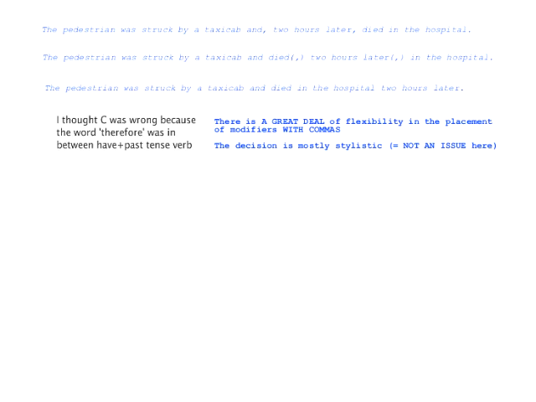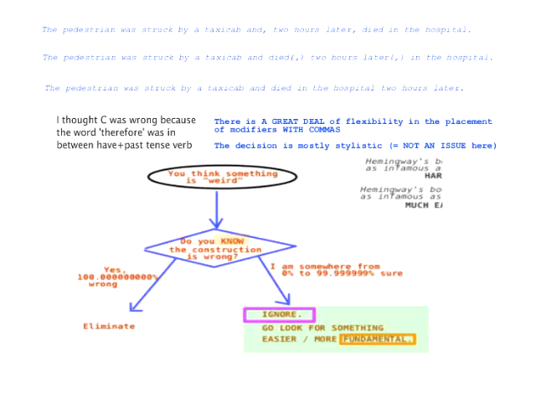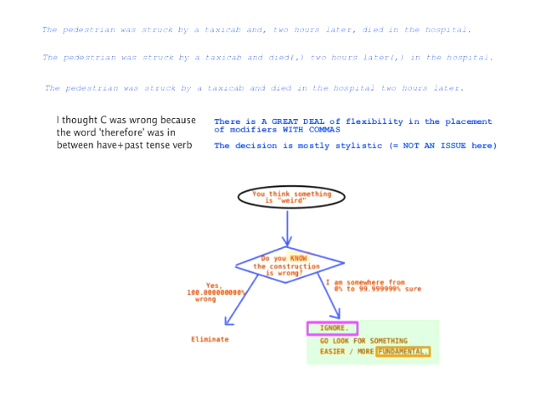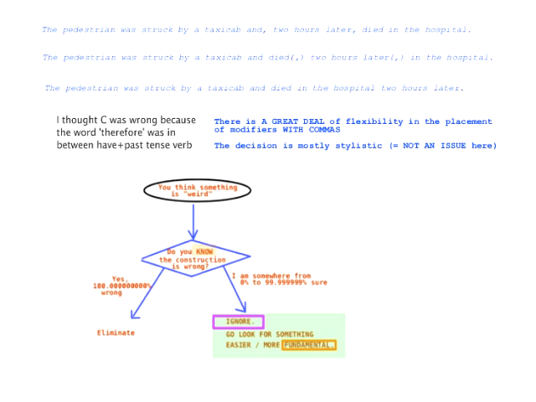If you think something in a sentence is weird, very useful general advice here. It's going to be a graphic that pops up on the screen in a moment. It might take a little bit because it is a rather large graphic file, but you'll see it momentarily. Okay, it's a flow chart. If you think that you see something that is weird, then ask yourself, do you actually know that it is wrong?